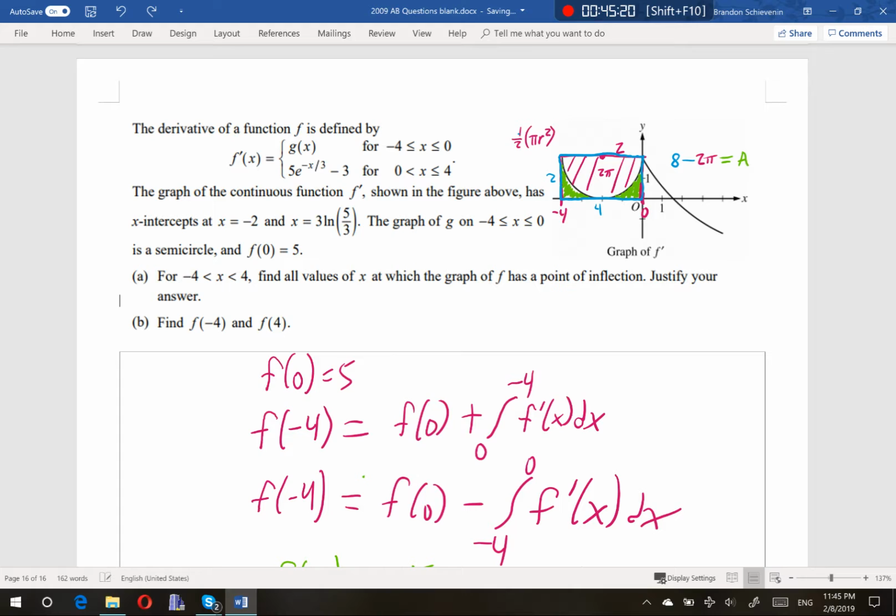All of this area in the dark blue that I'm shading in now, from 0 to 4, I'm going to call A2, is equal to the integral of 5e to the negative x over 3 minus 3 from 0 to 4, because I was given a function for it here.